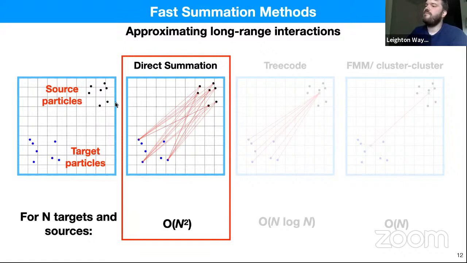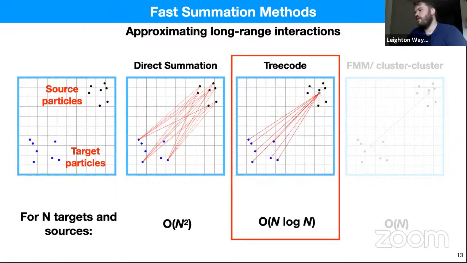So we can imagine we have this little collection of source particles, these little black particles, and this little collection of target particles. So these induce the potential, and these are the positions that we want to evaluate it at. If you have n targets and sources, again, that's O of n squared operations. Every single one of these black particles has to interact with every single one of these blue positions.